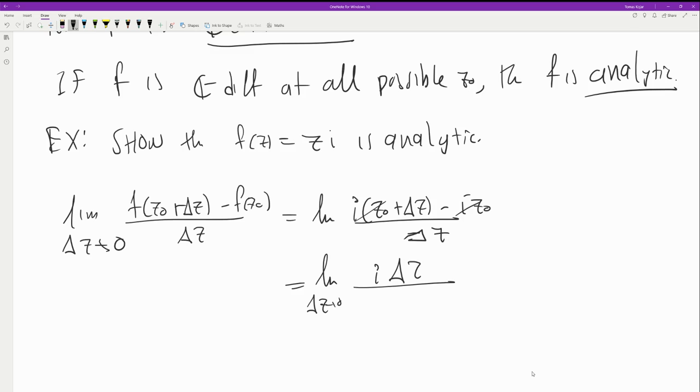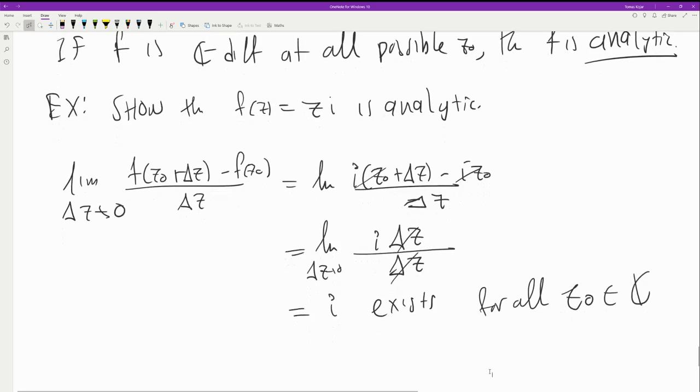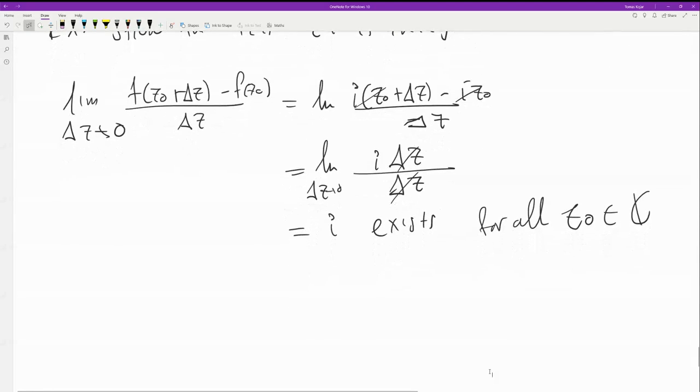And so you have i delta z over delta z, and this also cancels out. So you're left with i. So the limit exists for all z naught. Okay, that's it. And you can imagine you can have more complicated things like powers, and every time you have to do this, if the question is asked to do it by limit definition, then this is how you will do it. Okay.